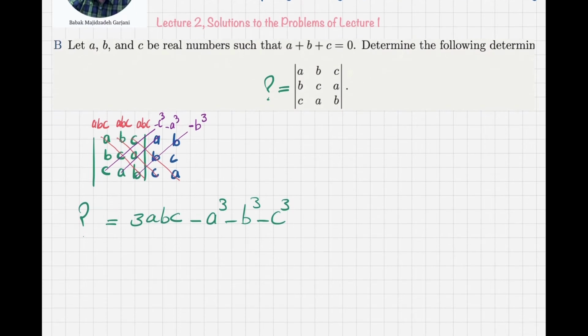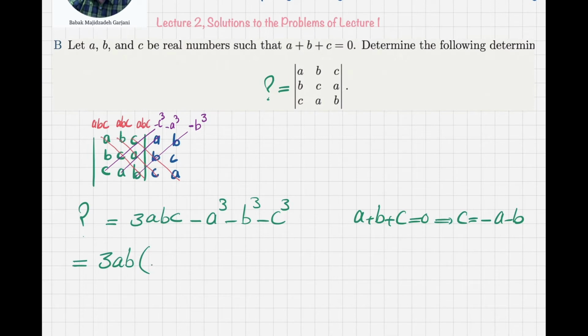But now I can simplify this. I have given a plus b plus c is equal to 0. For example, I can write c is equal to minus a minus b, and then everywhere that I see c in this question mark, I can replace it with minus a minus b. So let us see what happens. So then it becomes equal to 3ab.